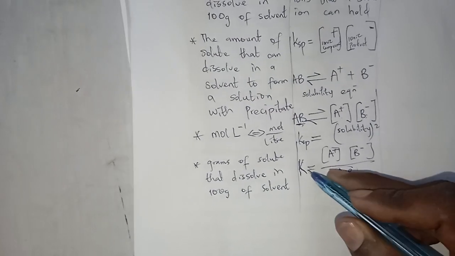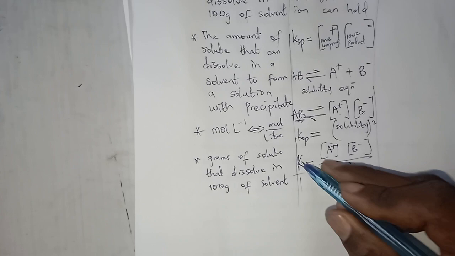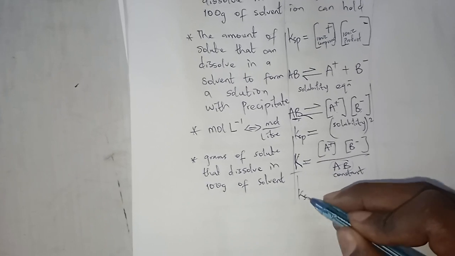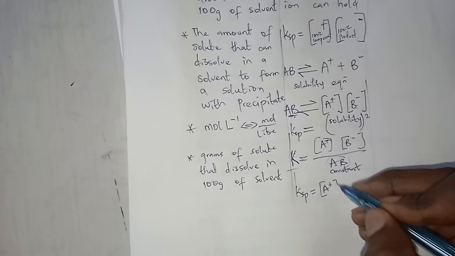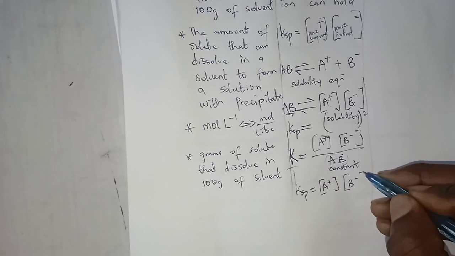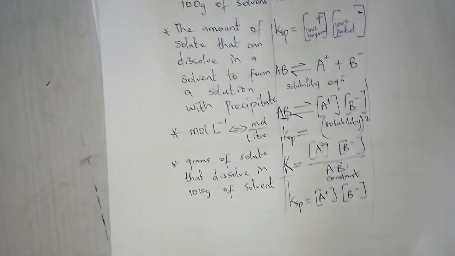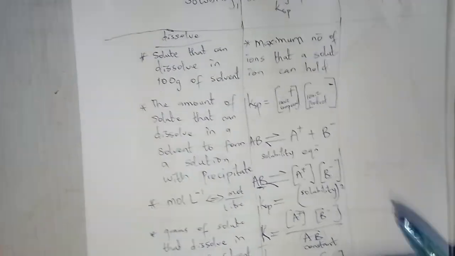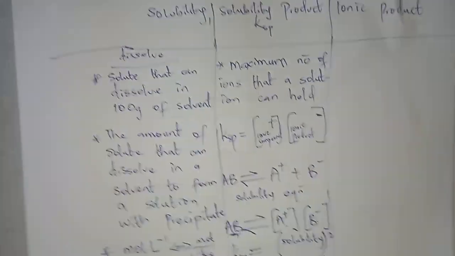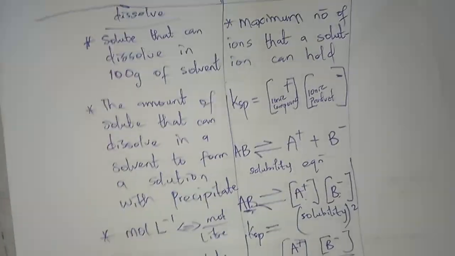So this constant multiplies the crossover, and it becomes KSP, which equals A plus times B minus. After analyzing this, I will make out space to explain this more using solute entering before it dissolves, so you get it better.